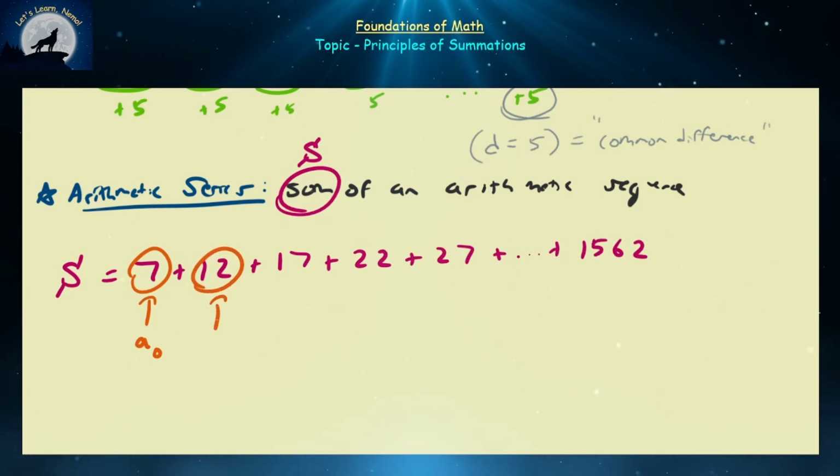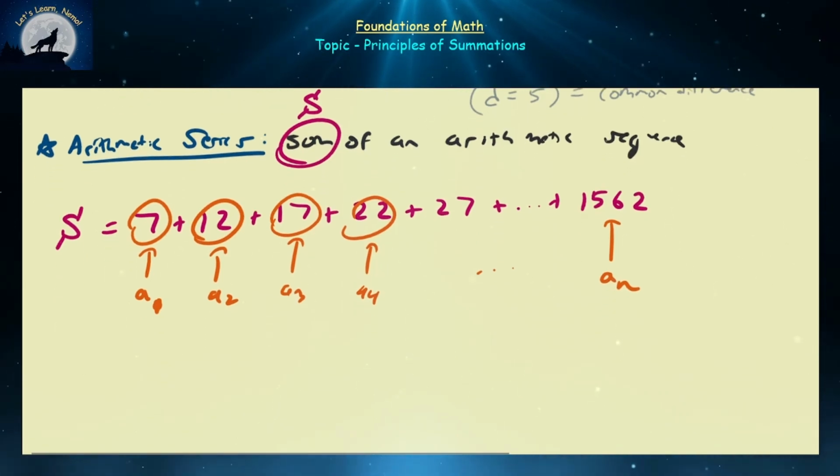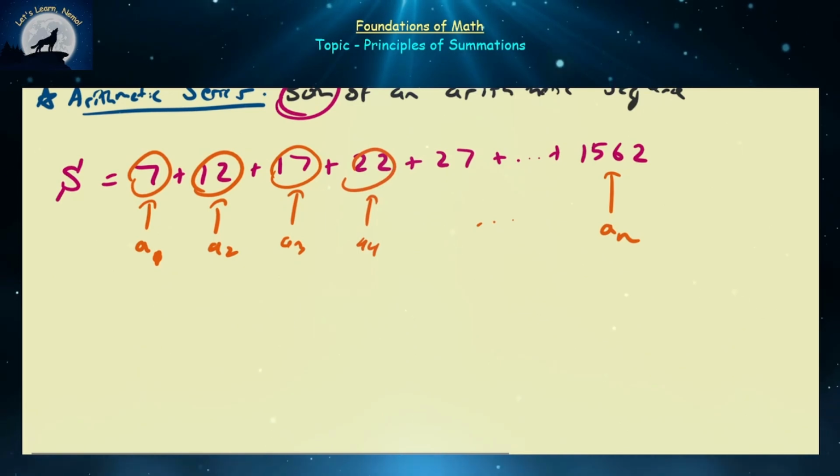This is the second term, so I'm going to call it A1, and then A2, and that's going to be A3, and that's going to be A4, and I'm going to continue this all the way down to AN. Right? So AN is sometimes referred to as the terminating point of the sequence and/or the last term of the series. Right? So how can we represent this in a nicer way?